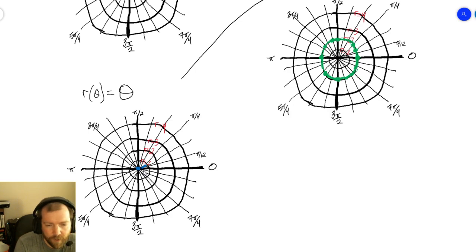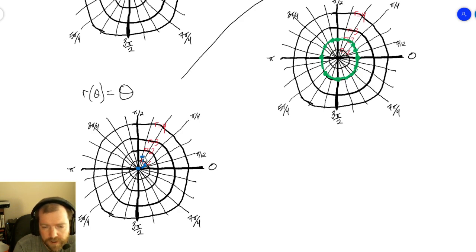Right, pi over 4 is going to be 0.785. Oh yeah, that's way off. Anyway, this stuff is really tight in here. It's going to be hard to see. Pi over 3 is going to be 1.04. So this is our pi over 3. It's going to be just past 1. 5 pi over 12 is 1.3.